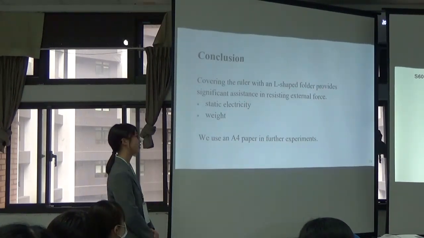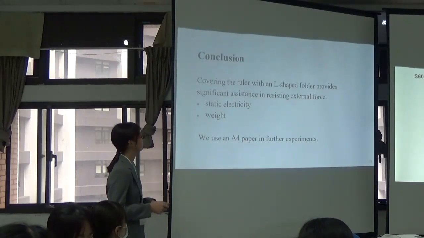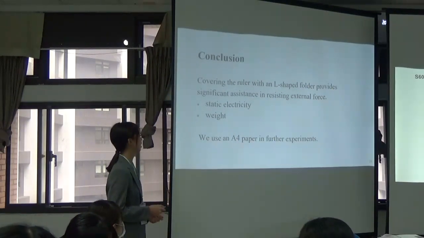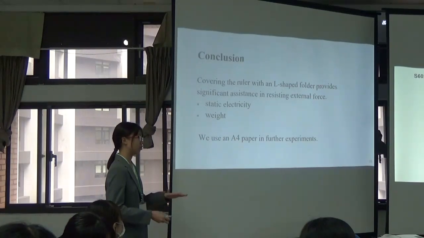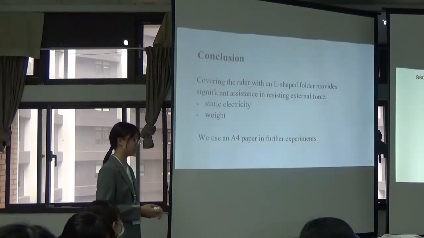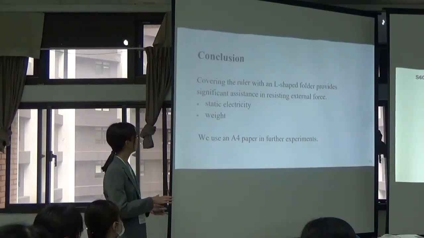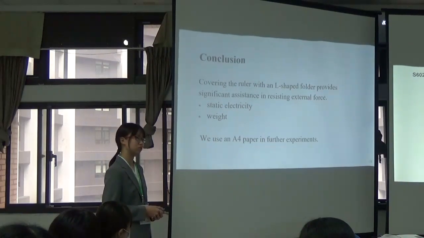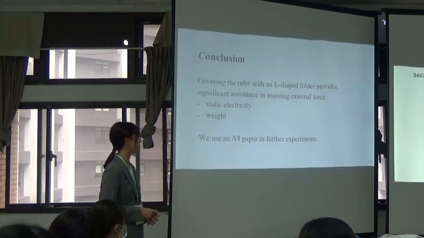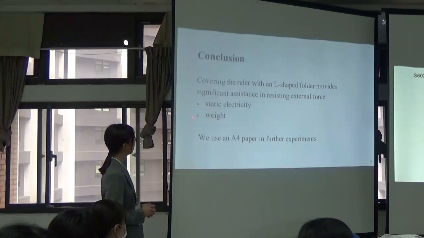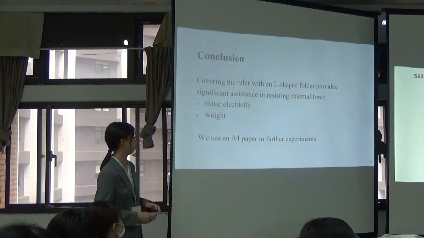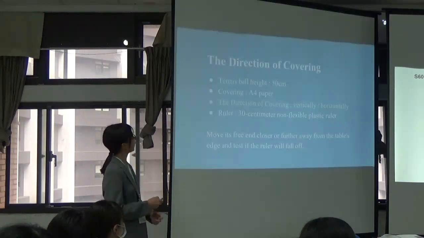So covering the ruler with the L-shaped folder provides significant assistance in resisting the force. We think that might be because of static electricity between the L-shaped folder, which is made of plastic, and the surface of the table. Also, the L-shaped folder is a bit heavier than the A4 paper. But we can't control the static electricity of the L-shaped folder, so we will use A4 paper in further experiments.